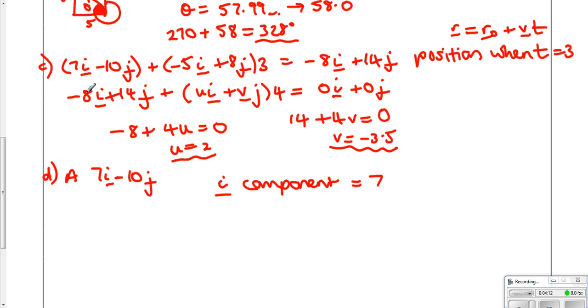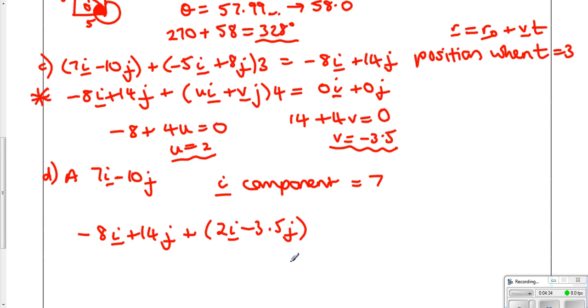Now, if you look back to this line here, we know that after 3 seconds, it had hit the origin. And the formula there, I'm just going to adapt it slightly. We know that u is 2, so it's 2i, and we've got minus 3.5j. Now, after 3 seconds we're at this point. Our new velocity is this.